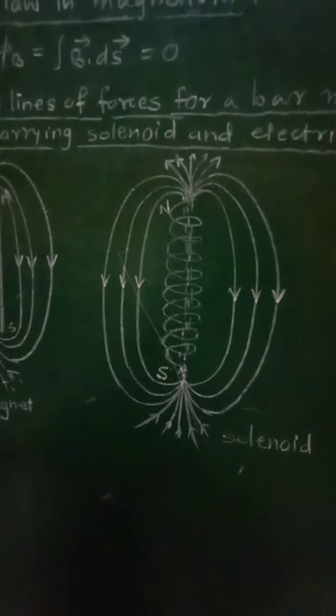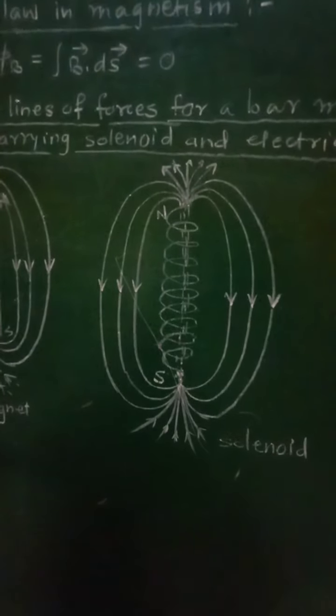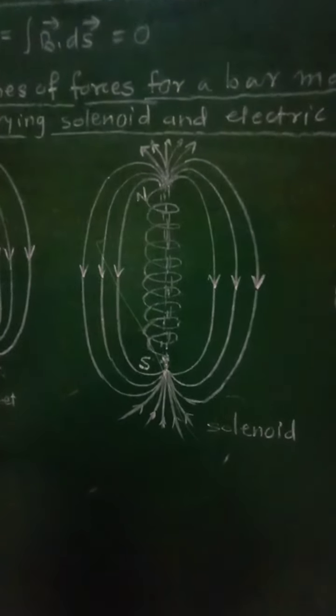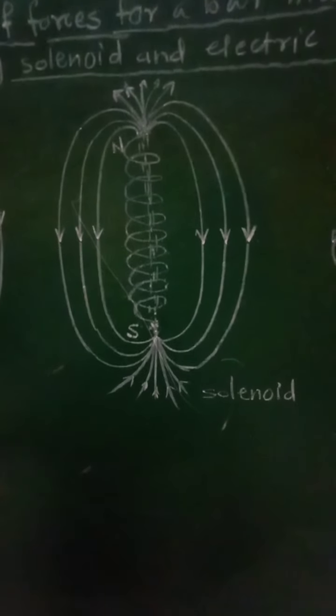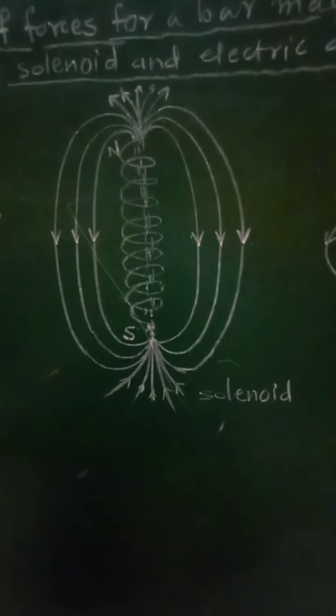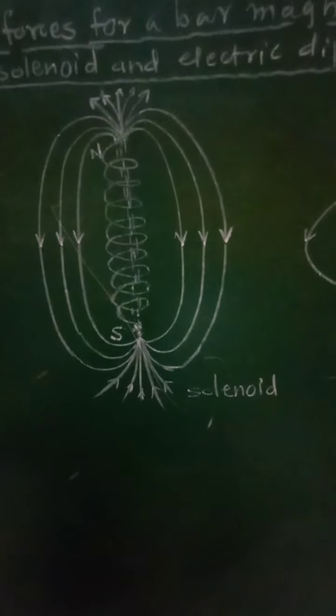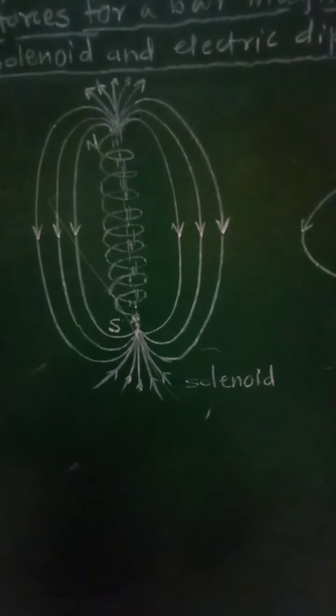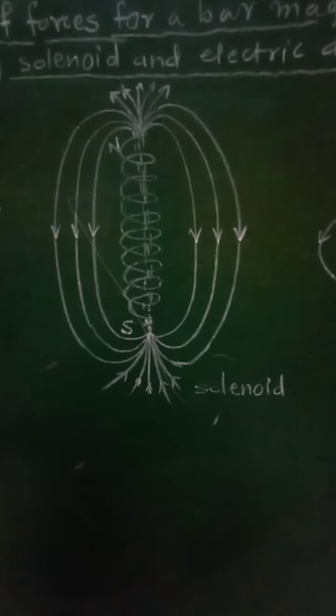And thus only dipoles exist in case of magnetism. The dipoles will exist in case of magnetism and not in case of electrostatics or in case of electric field.